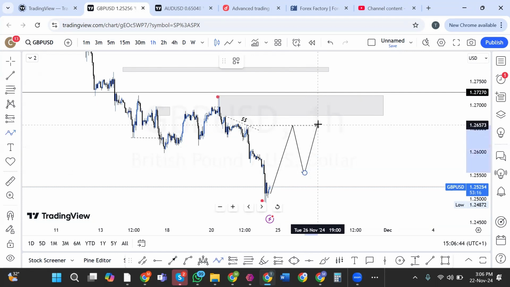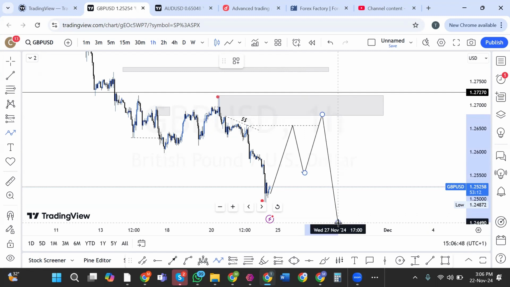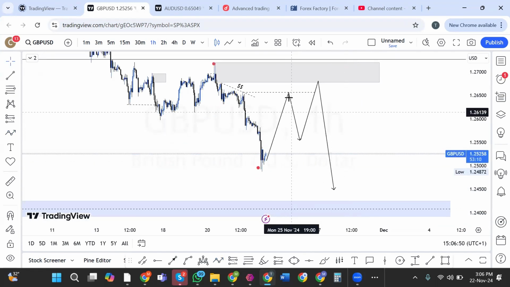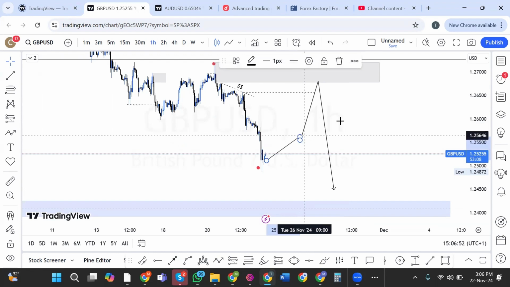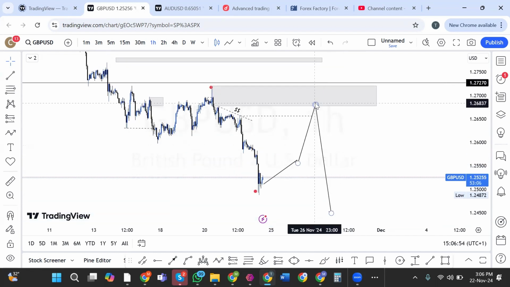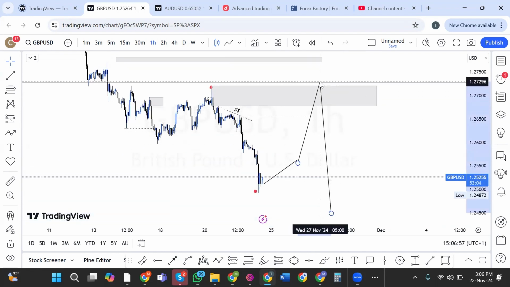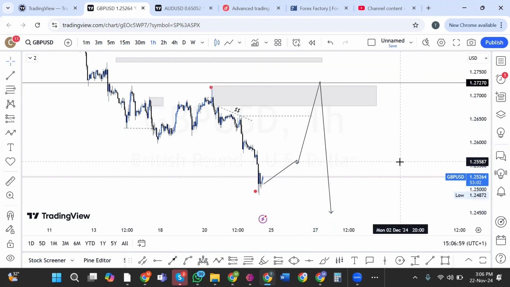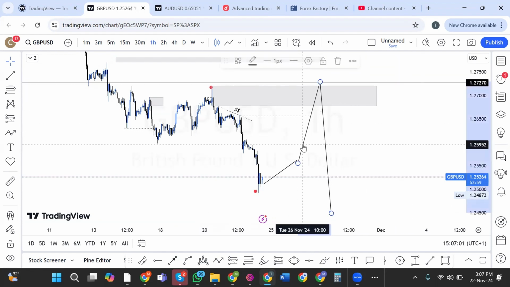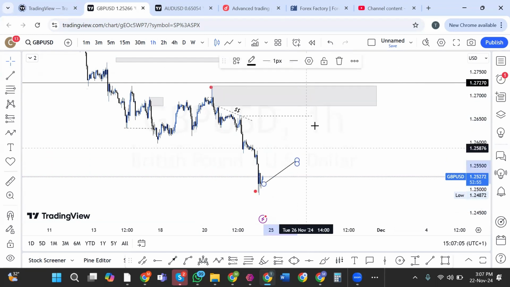So what's going to happen is the market will run these guys and continue down. In the event that he did not see this, he now expects external liquidity to happen. Stuff like this.